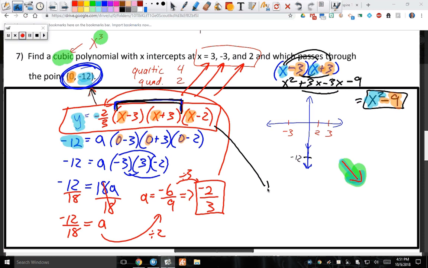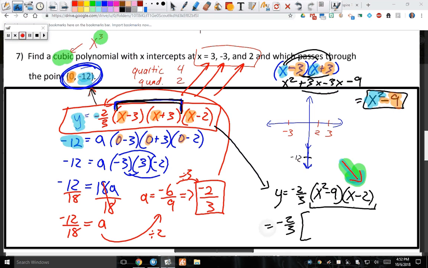So I'm going to take this, and I would have y is equal to negative 2/3 times this x squared minus 9 that I'm going to finally distribute with this x minus 2. Now, I'm going to distribute these two binomials first, and then I'll distribute the negative 2/3 at the very end. Okay, so let's distribute these binomials.